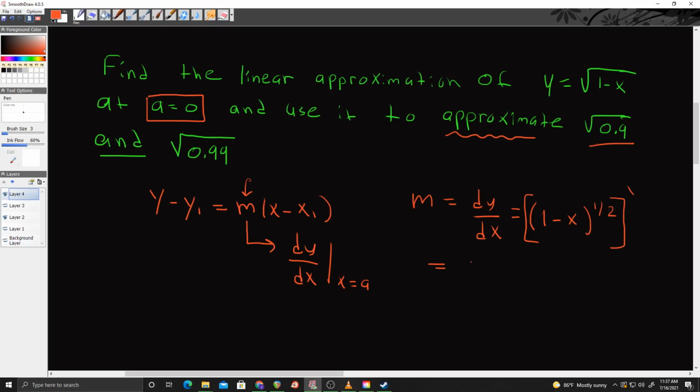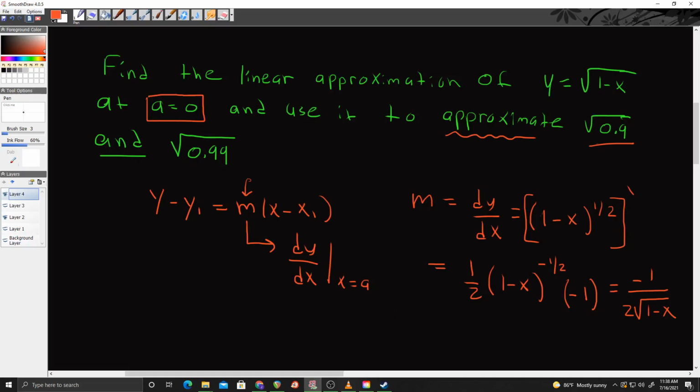It's all about the chain rule. 1 half, leave the inside the same, reduce the power by 1, multiply by the derivative of the inside. Derivative of 1 is 0. Derivative of negative x is negative 1. Simplify if possible. This is going to be negative 1 over 2, and then negative exponent there, square root 1 minus x.